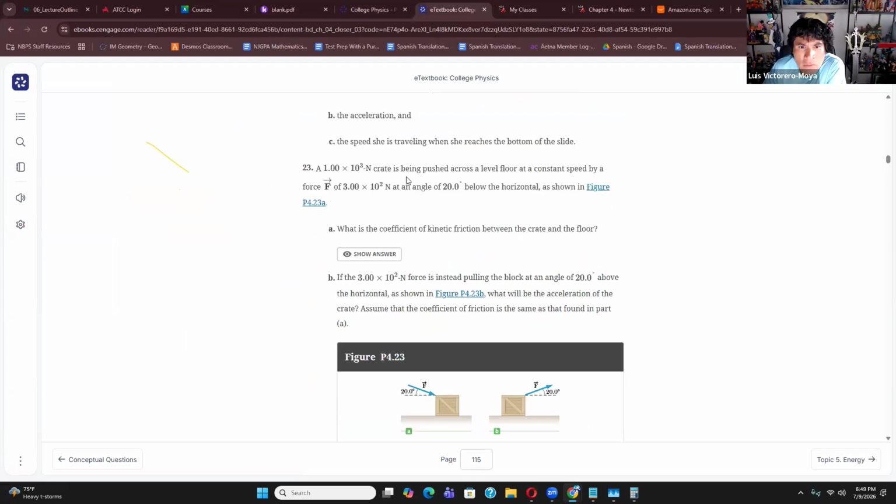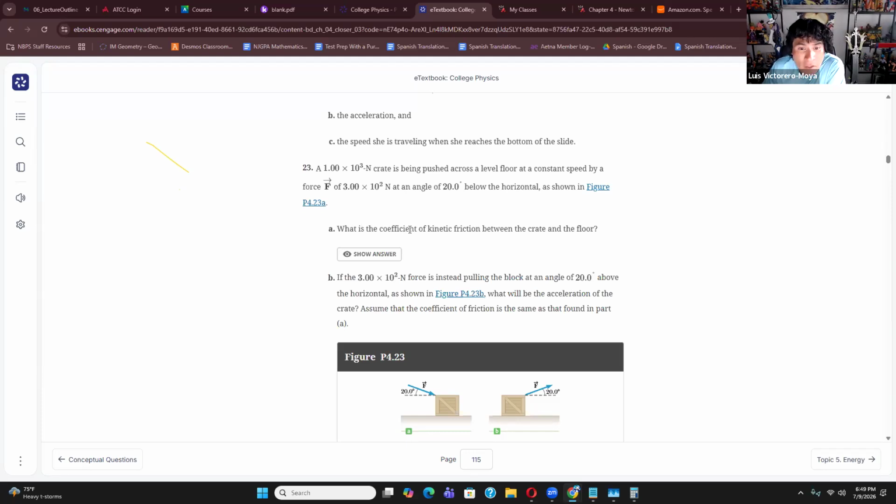So first you have a crate pushed across the floor at a constant speed by 300 newtons at an angle of 20 degrees below the horizontal. So this angle here, below the horizontal.